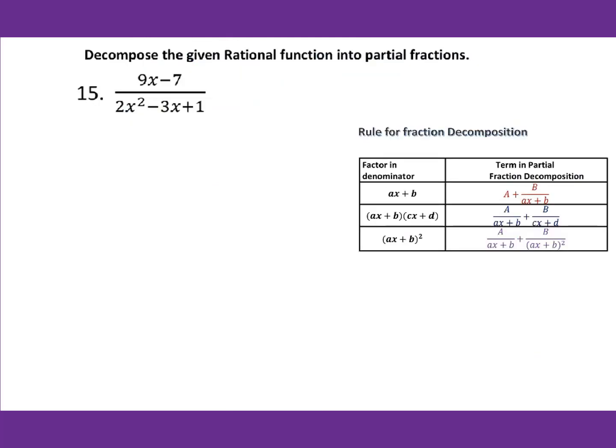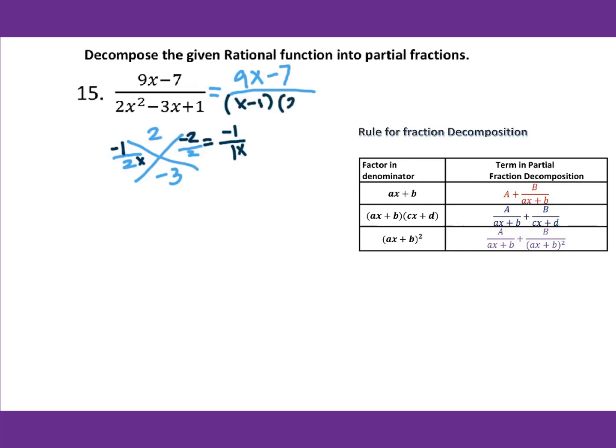Now let's go to 15. First of all, you have to factor the denominator. You will get 9x minus 7 over x minus 1 and 2x minus 1.